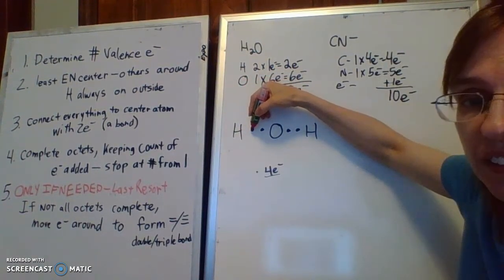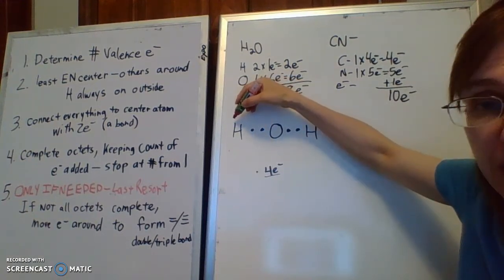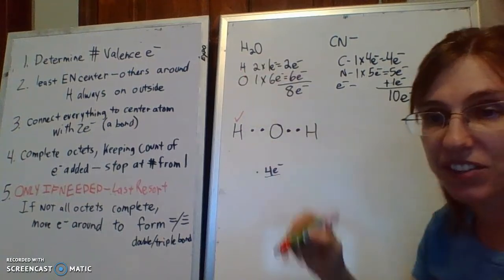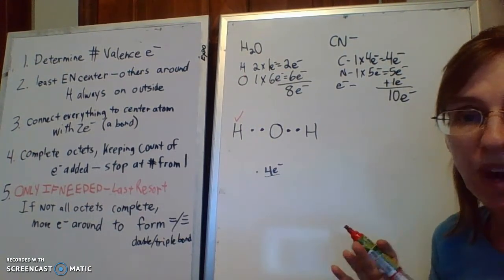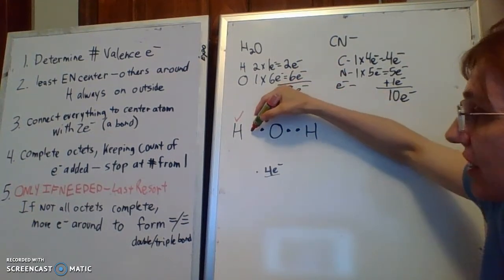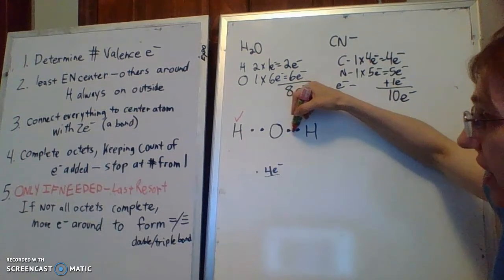It's got 1, it's got 2 electrons. So is hydrogen happy? Well, yes, hydrogen is happy. Hydrogen has 2 electrons. It only can have 2 electrons. So hydrogen is happy. Let's look at oxygen. It's got 1, 2, and it's got 3, 4.